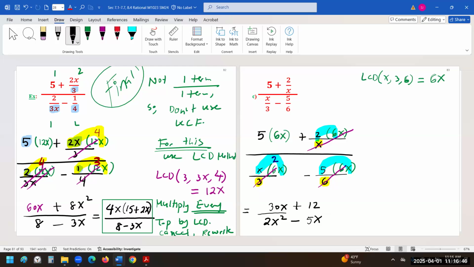Technically, we are done, but we do one more step just in case we can cancel more. So we go for factoring. What can we factor on the numerator? 6. And we are left with 5x plus 2. What can we factor from the denominator? And we are left with 2x minus 5.